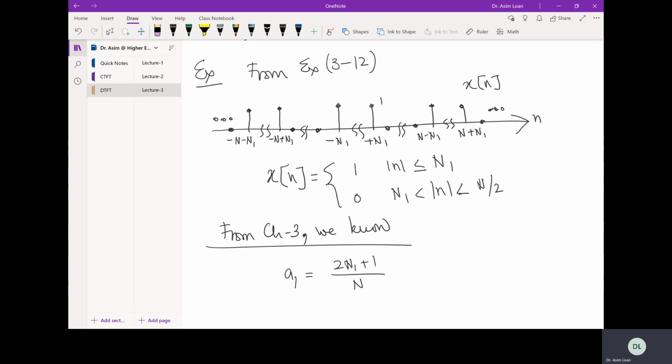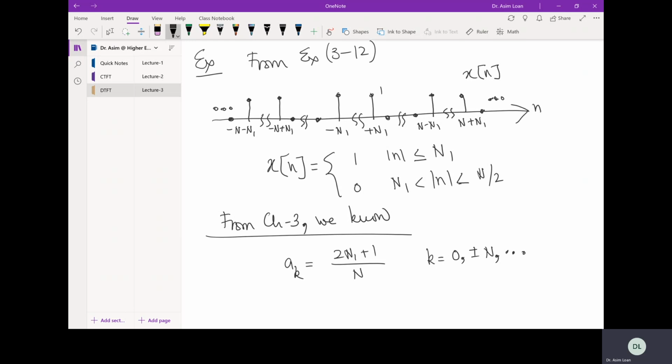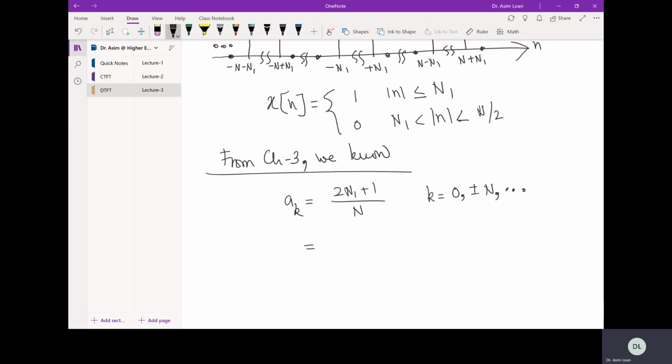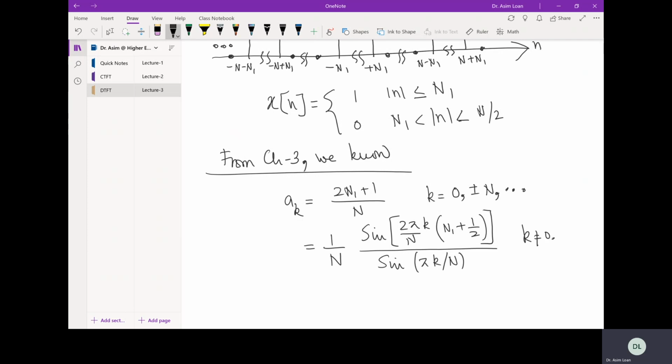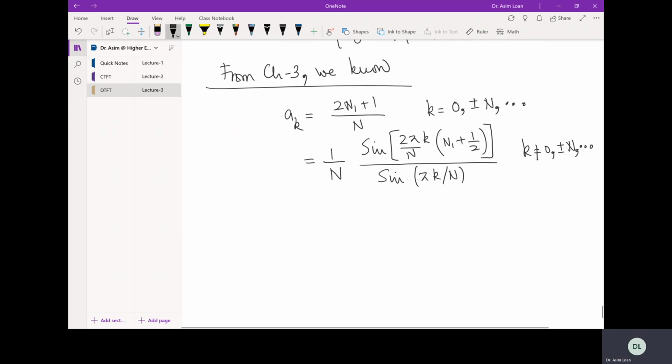This is periodic, so ak, when k is equal to 0, plus minus n, and so on and so forth, and ak equals 1 over n sine 2 pi k over n into n1 plus half, over sine pi k by n. This is when k is not equal to 0, not equal to plus minus n, and so on. Okay. So we know this.